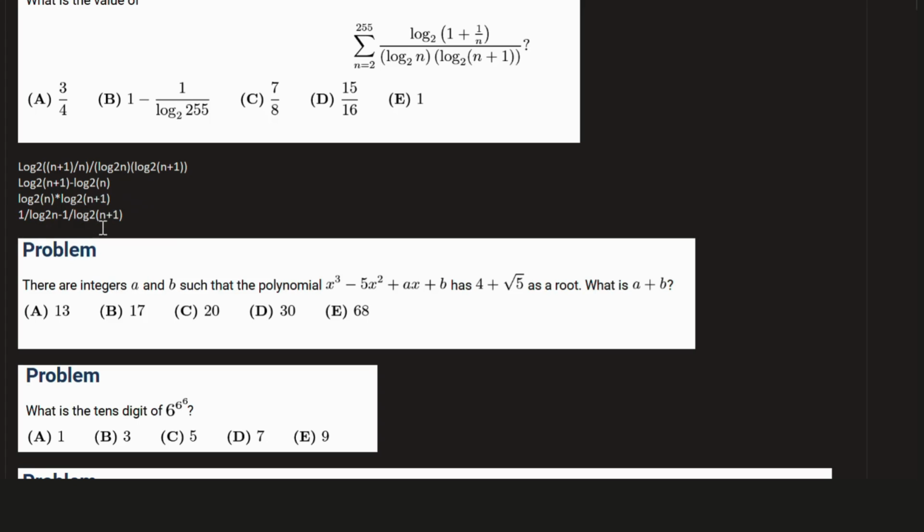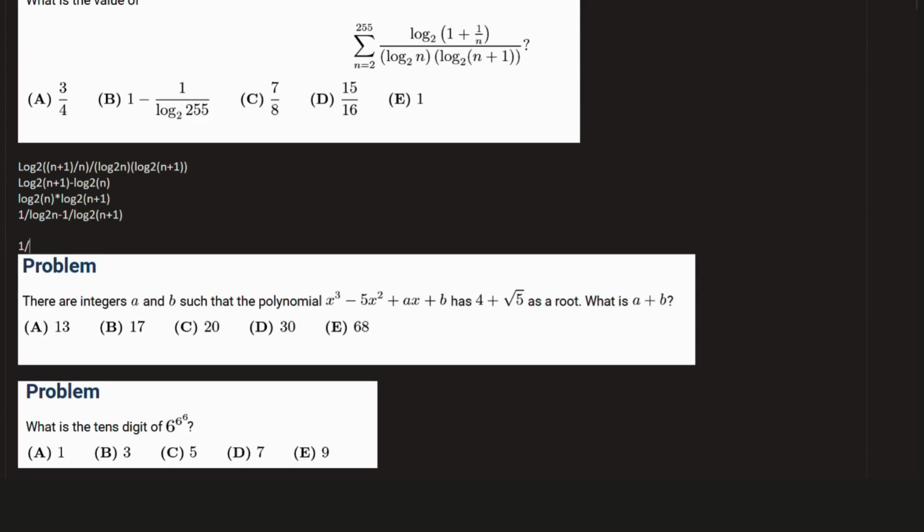So the series in total will look like 1 over log 2 of 2, minus 1 over log 2 of 3, plus 1 over log 2 of 3, minus 1 over log 2 of 4, plus 1 over log 2 of 4, minus 1 over log 2 of 5.